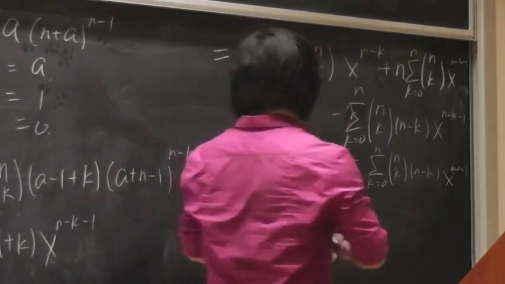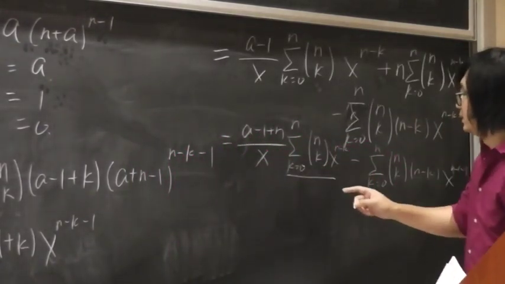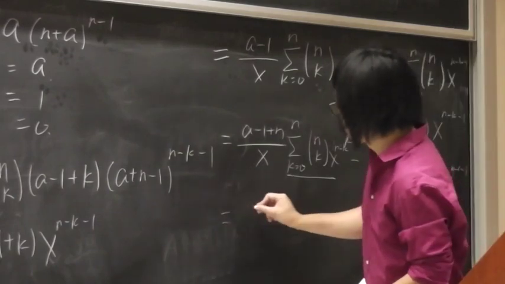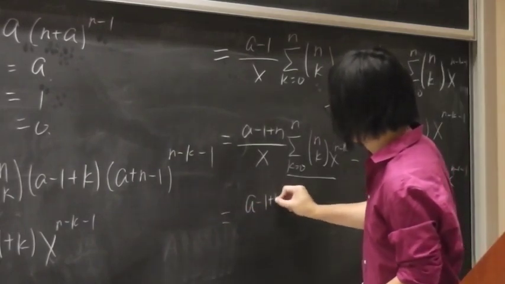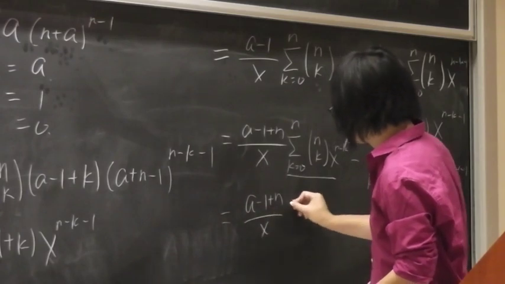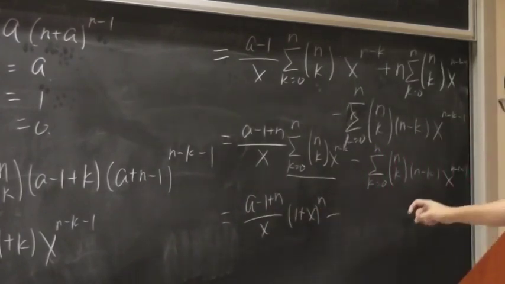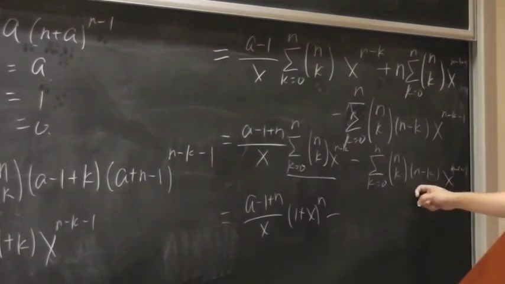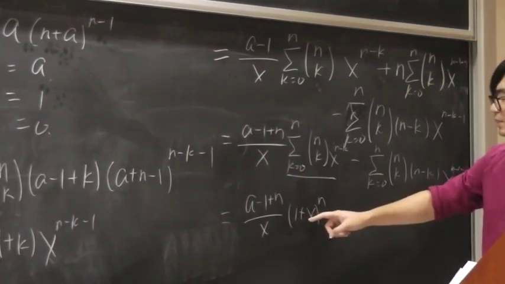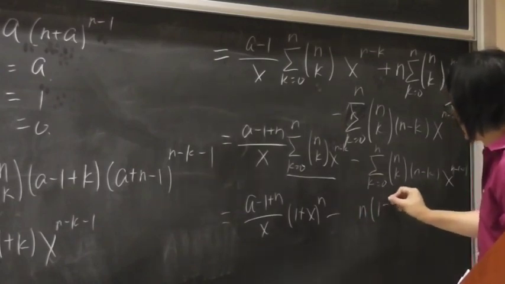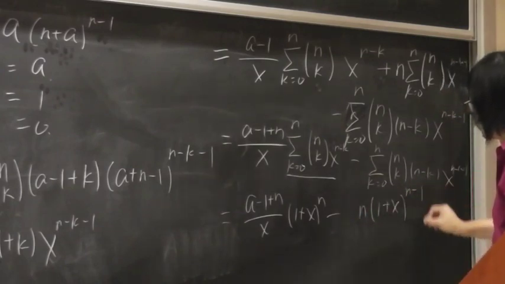For this part, this summation is just 1 plus x to the n. And for the second part, this is just a derivative of 1 plus x to the n. So this is n times 1 plus x to n minus 1.